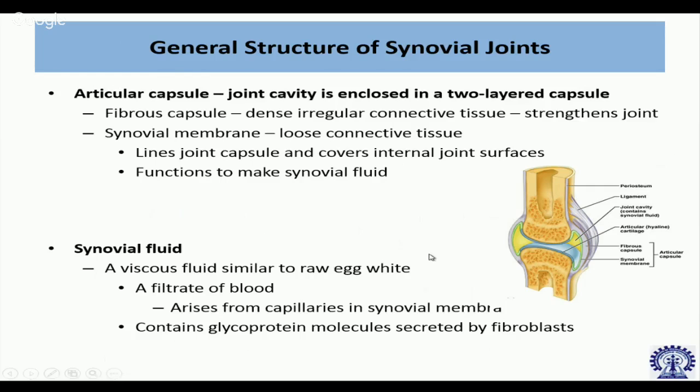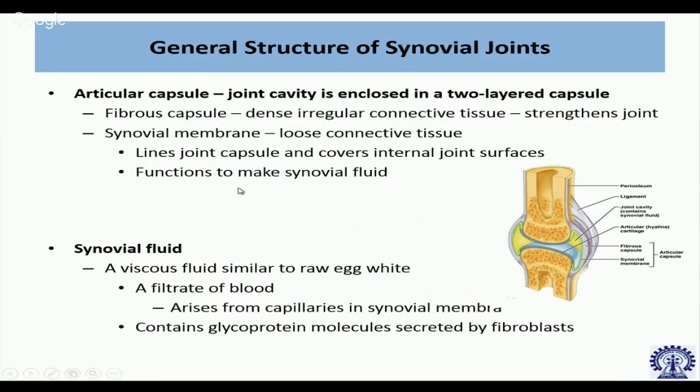The articular capsule: the joint cavity is enclosed in a two-layered capsule. The fibrous capsule is dense irregular connective tissue that strengthens the joint, and it has a synovial membrane which lines the joint capsule and covers the internal joint surfaces.